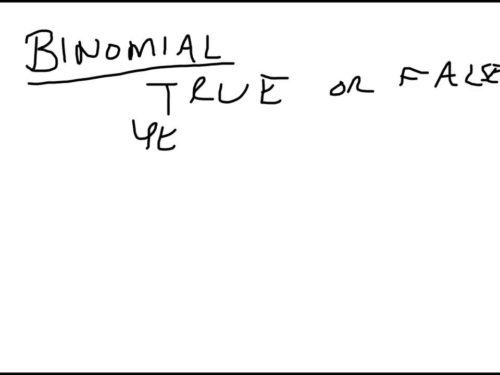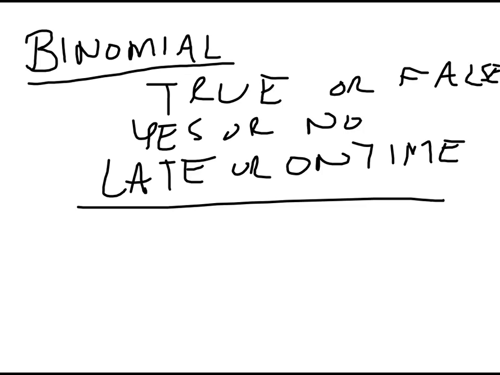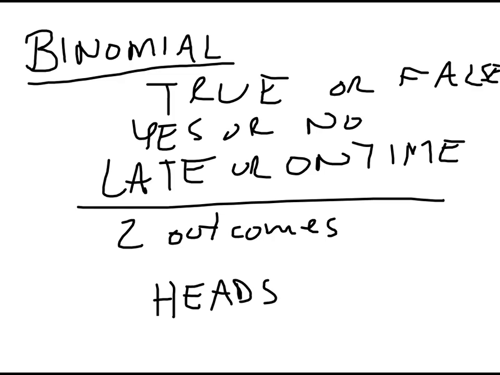You have yes or no. You could have someone who is late or someone who is on time. So, two outcomes. Flipping a coin would be binomial, because when you flip a coin, you either get heads or you get tails.